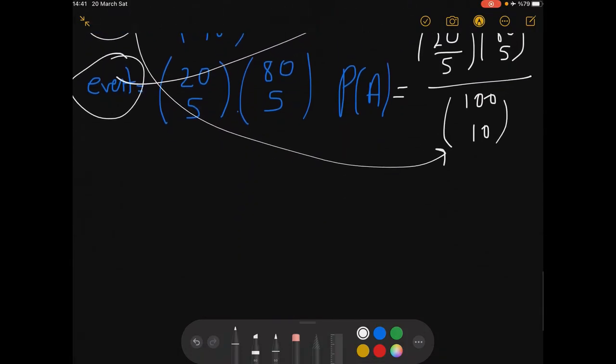When you make the necessary calculations, please do it on your own. Pause the video and do it on your own if you like. The probability will correspond to this, roughly 2% probability. That's the idea with the mixed forms.